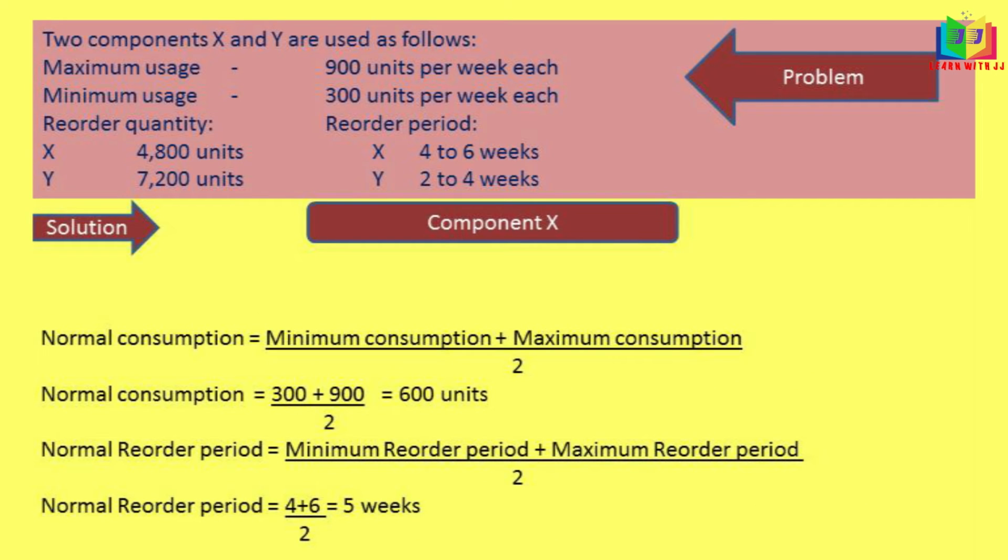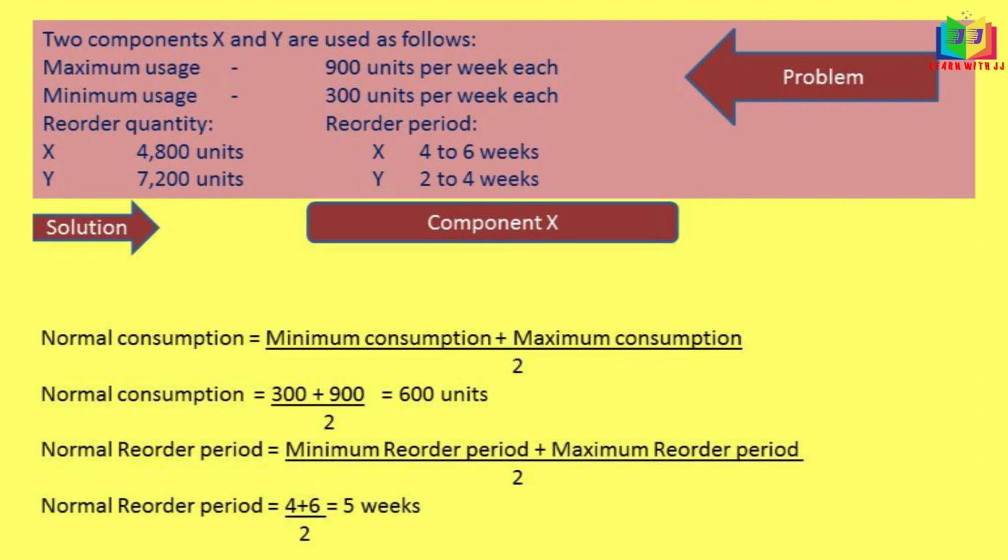First, we'll find normal consumption. The formula is minimum consumption plus maximum consumption divided by 2. Here the minimum consumption is 300 and the maximum consumption is 900. That should be divided by 2. We'll get 600 units. Similarly, normal reorder period. Minimum reorder period is 4 and the maximum reorder period is 6 for X. That should be divided by 2.